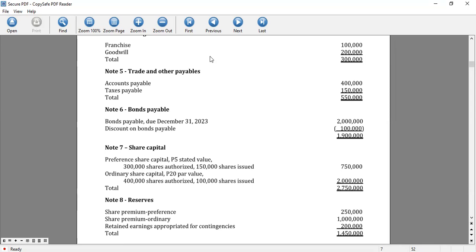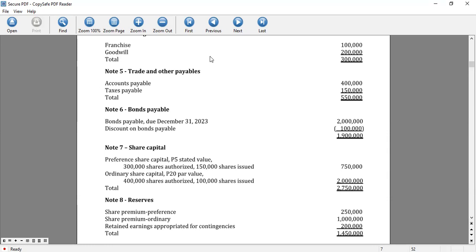Then we have retained earnings appropriated for contingencies. So the amount given is 200,000. We have now the amount of the retained earnings given.